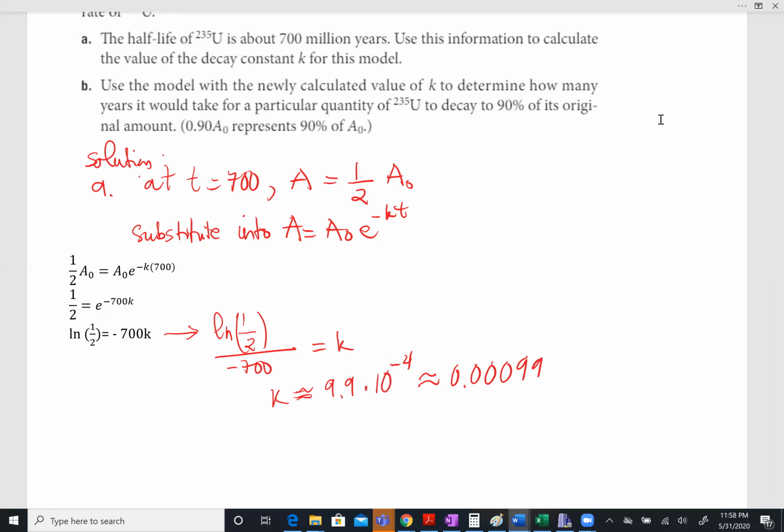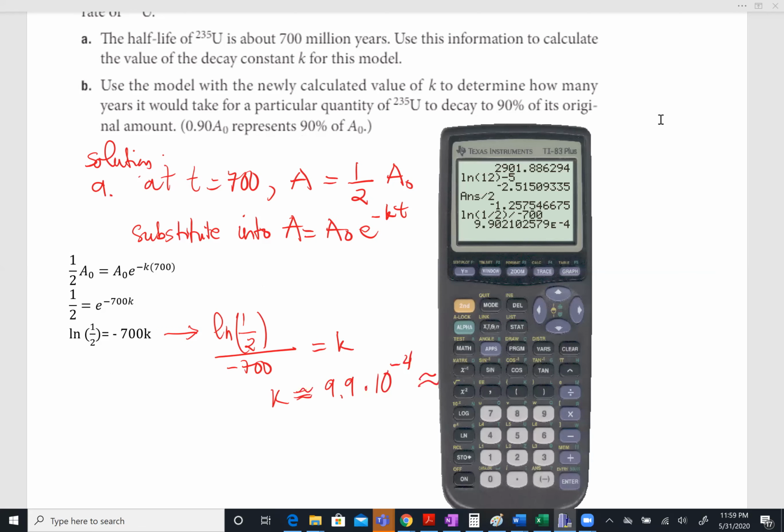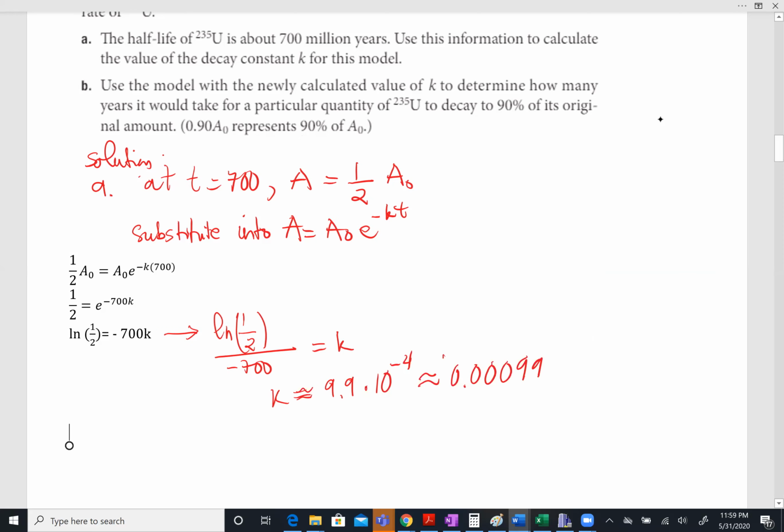Let me check. Okay, so this should be the answer.